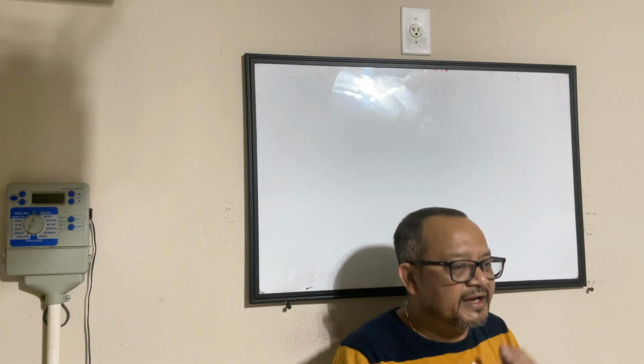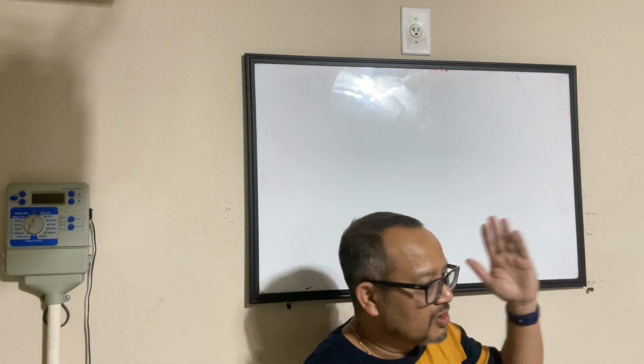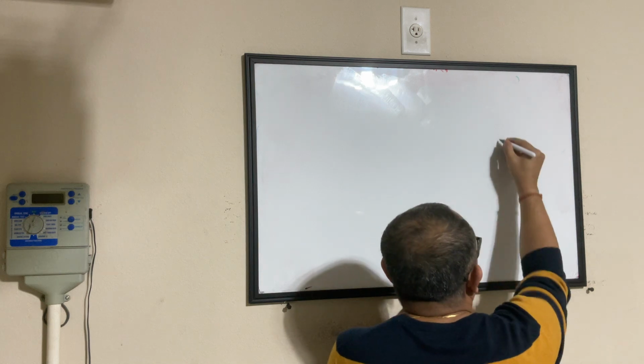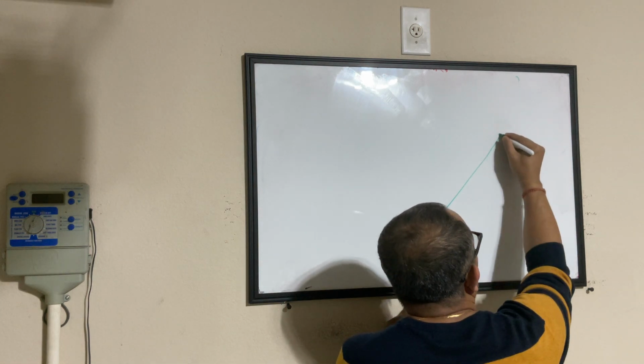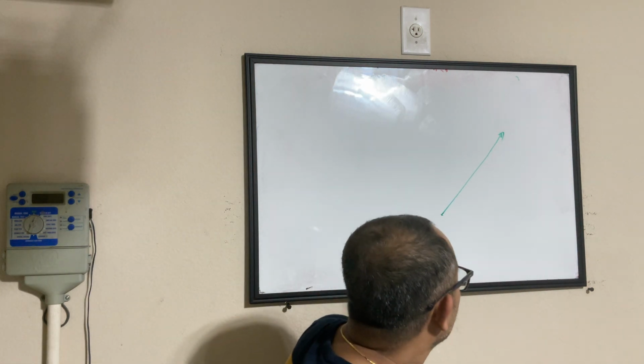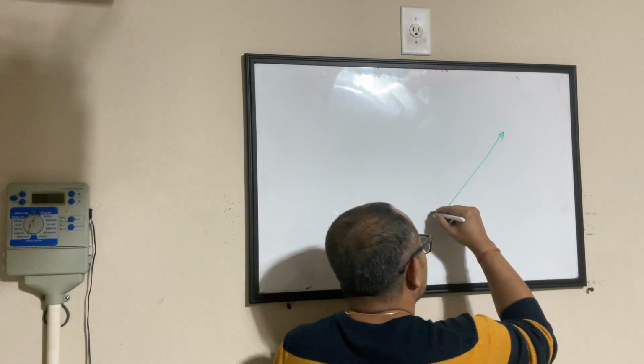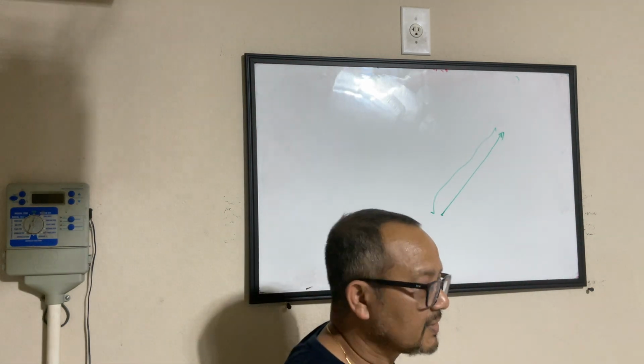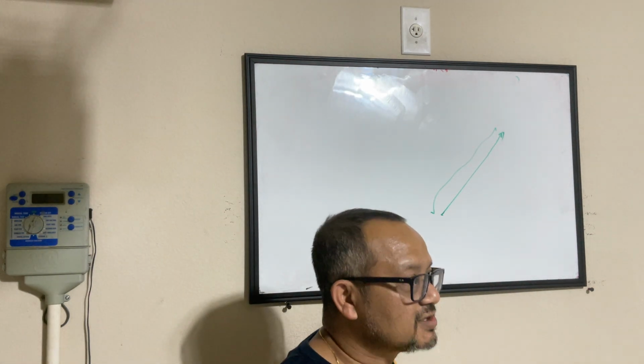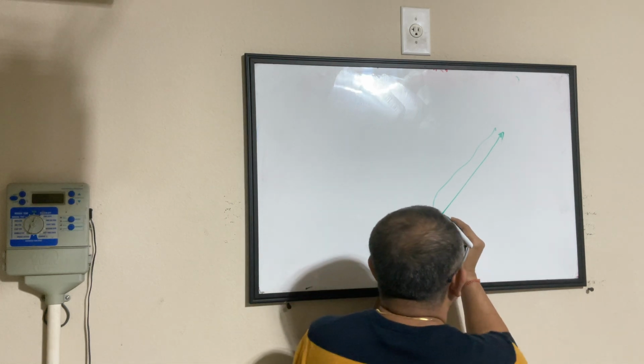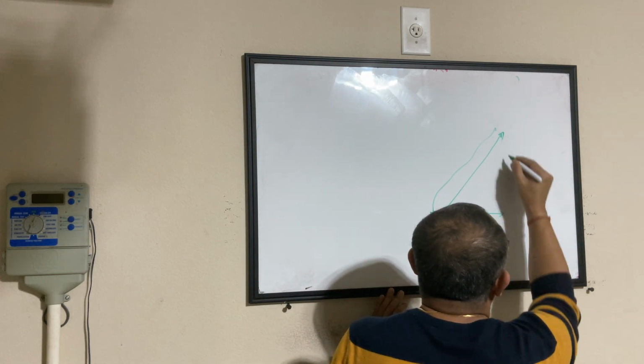Now direction again has two babies to it: the x component and the y component. So if you're looking at a vector, one thing is the magnitude, which is nothing but the length from here to here, and the second part is the direction, which comes from your x and y component.